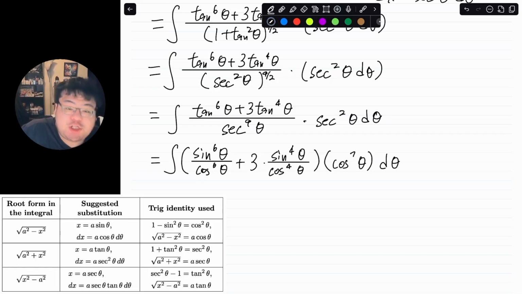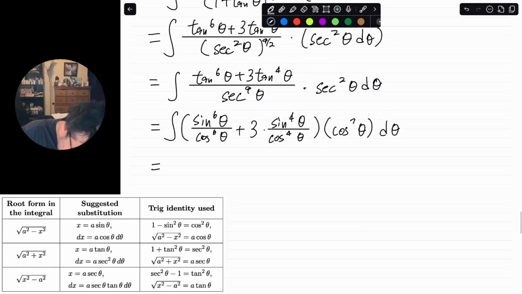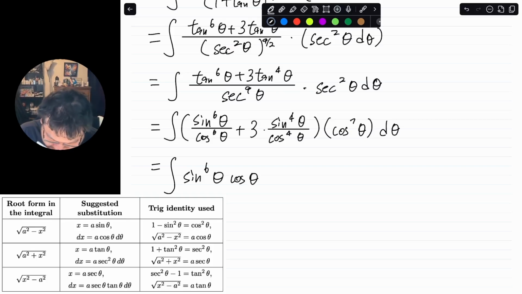Now we can distribute the cosine back in. So we'll have sine 6 theta cosine theta for the first one, plus 3 sine 4th theta cosine 3 theta d theta.